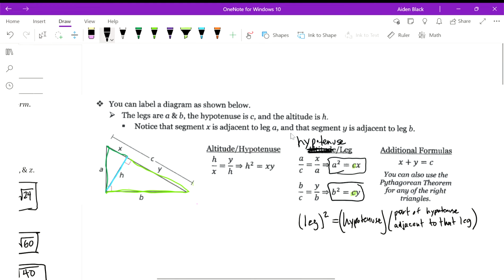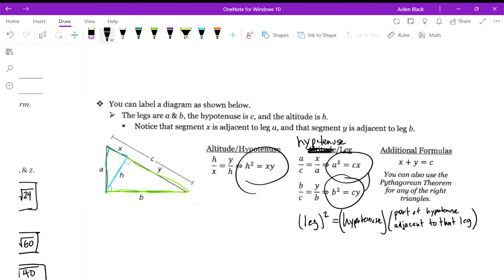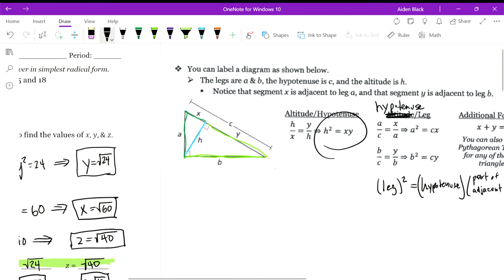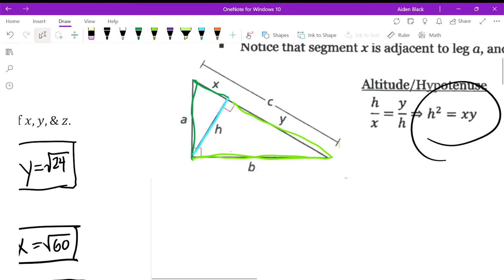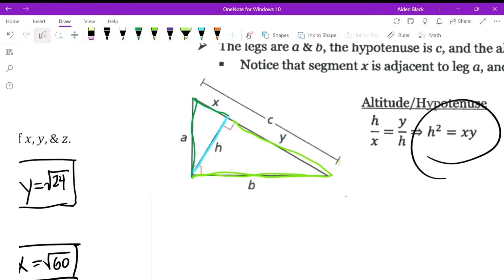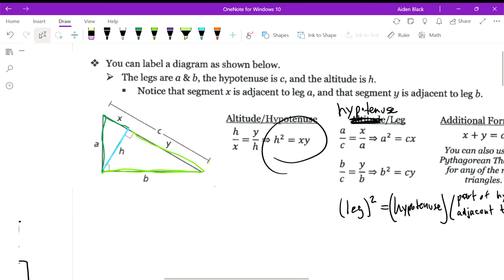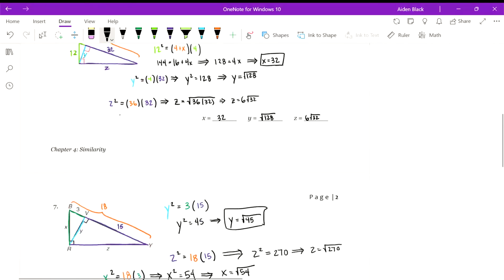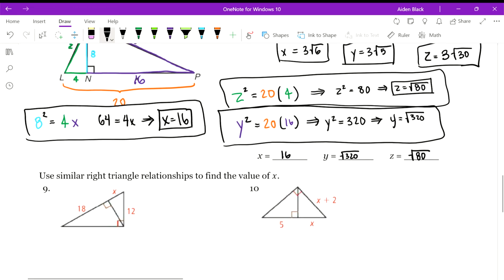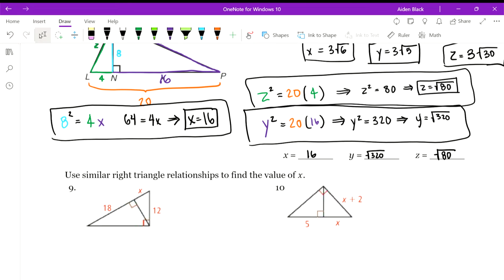One of these formulas. Here, here, and these are actually the same. These are the same. So it's just referring to different legs. You can see it right here. Okay, so use this. Break it down. Try to understand it. It'll be much easier if you do so.